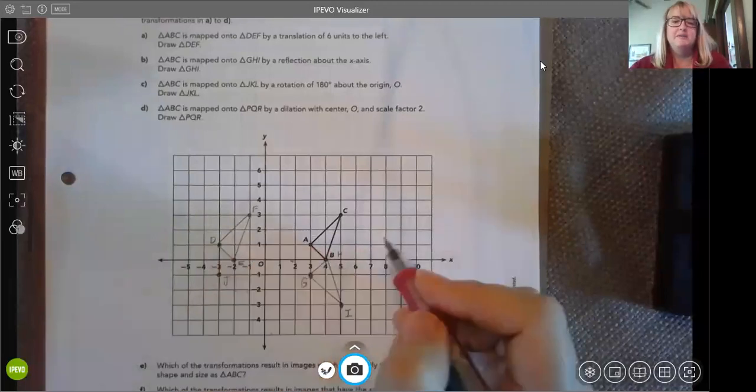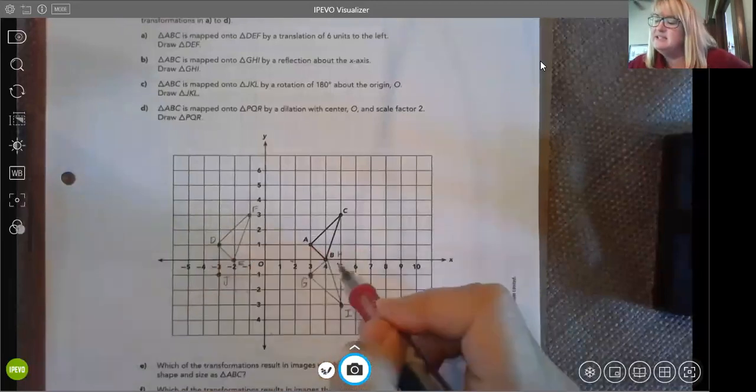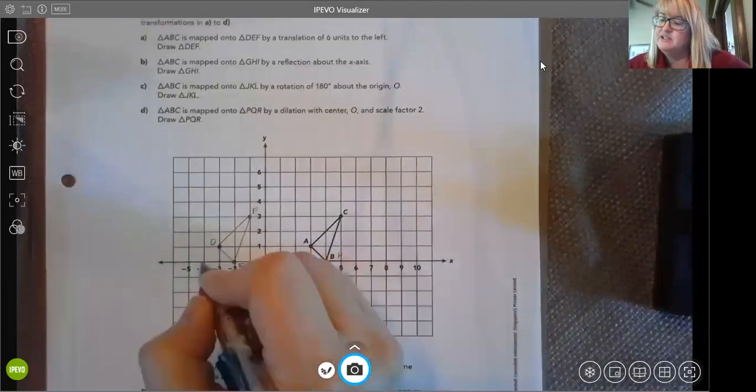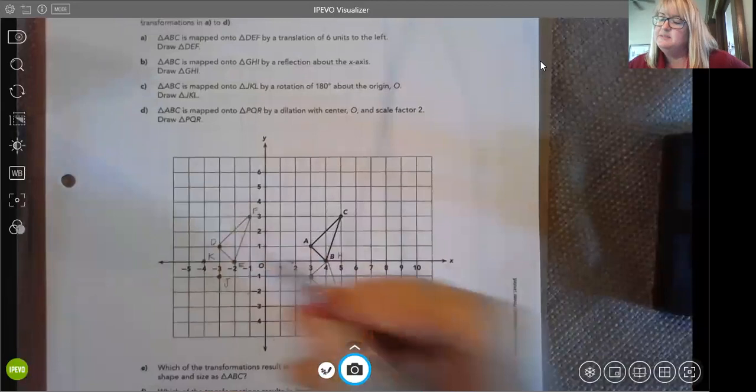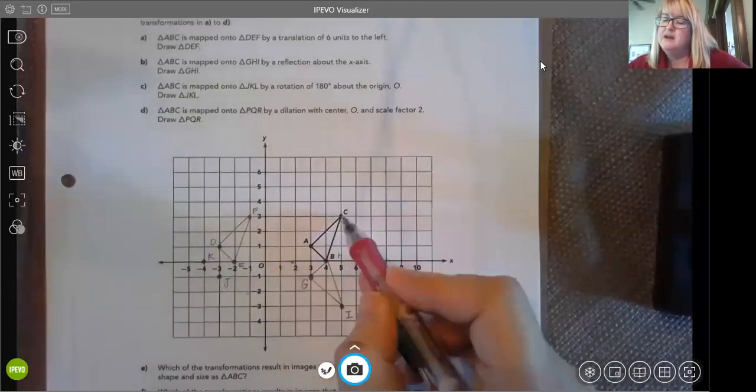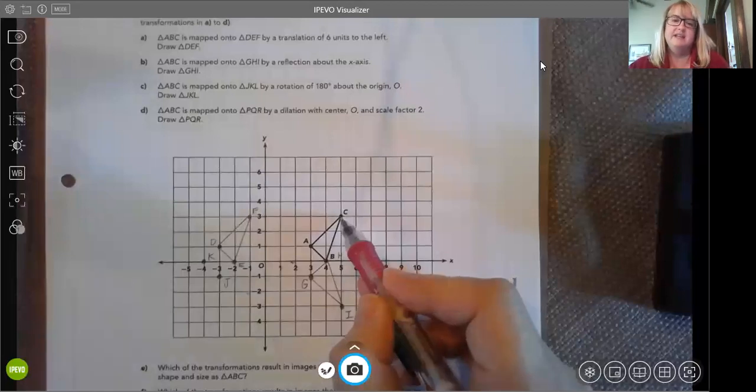Okay, K is B. B is at (4, 0). The opposite of 4 is -4. 0, there is no opposite, it's just 0. So (-4, 0). That's going to be K now instead of B. And this point up here is at (5, 3). The opposite of 5 and 3 is -5, -3.